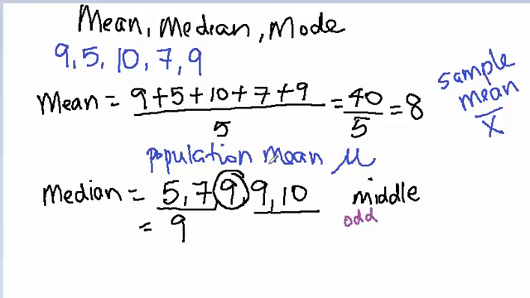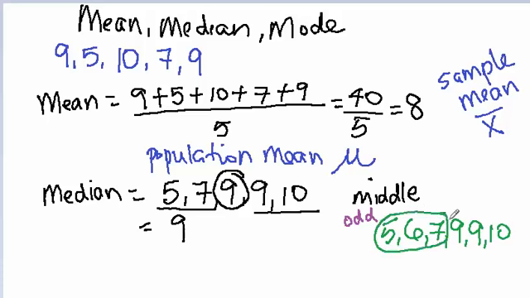But if you had an even number of test scores, say, as a sidebar, somebody got a 5, somebody got a 6, someone got a 7, someone got a 9, a 9, and a 10. Now you have 6 numbers. If you split these numbers in half, half of the numbers are here and another half are here. So you don't have any one number sitting smack dab in the middle.